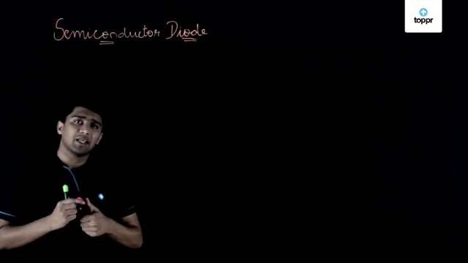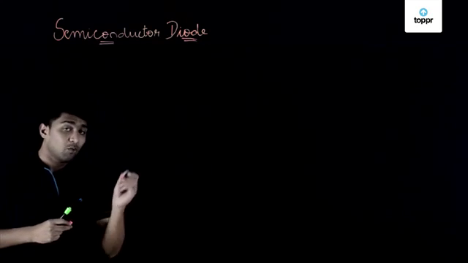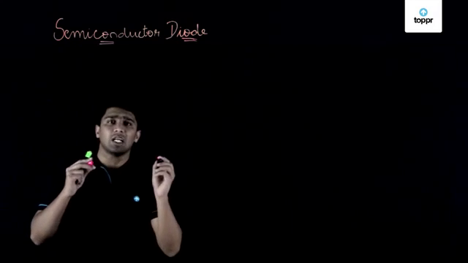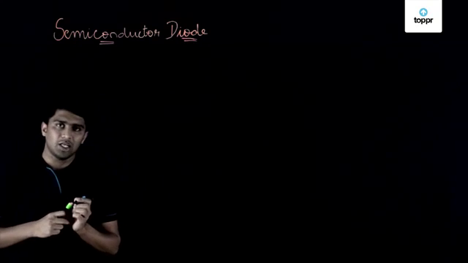A diode is basically a semiconductor device which has a metallic contact. What is this metallic contact for? It's nothing but to give it external voltage.